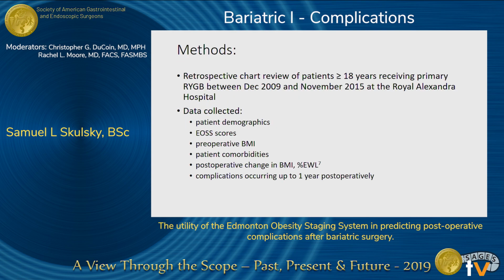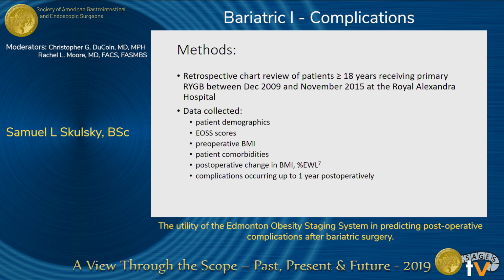So we conducted a retrospective chart review of patients older than 18 years receiving primary Roux-en-Y gastric bypass between the years of 2009 and 2015 at the Royal Alexandra Hospital in Edmonton. We collected patient demographics, EOSS score, preoperative BMI, and patient comorbidities, and we followed them for a year postoperatively for major complications. The EOSS score was assigned by experienced clinicians within the bariatric clinic.